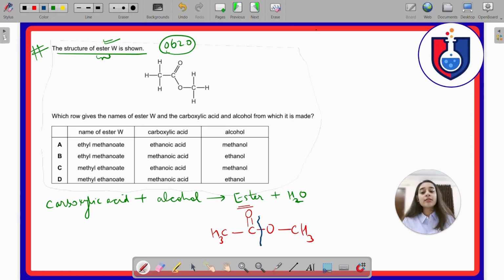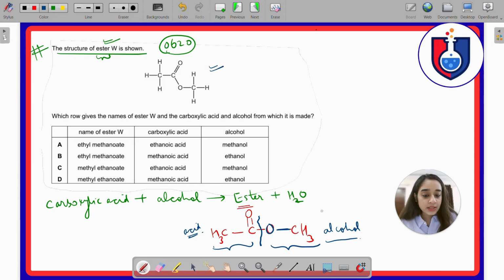You have the answer, right? When you make the cut, this portion where you have a single bonded oxygen atom is derived from your alcohol part, and the portion where we have C double bond O has been derived from the acid part. So if you look at this ester, this is the same thing only.